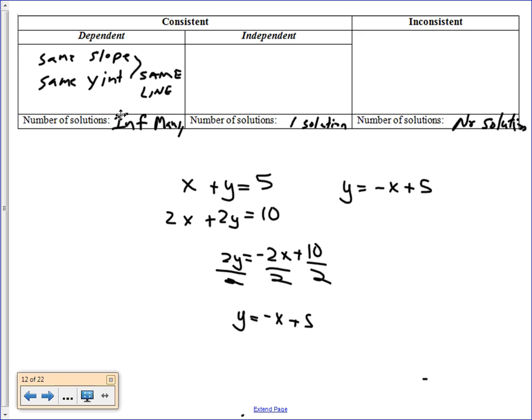Okay? So now I'm going to skip over from a dependent system to the inconsistent system. Remember, what makes a system inconsistent is that the lines are parallel. The reason the lines are parallel is because they have the same slope, but this time, instead of having the same y-intercept, they have different y-intercepts.